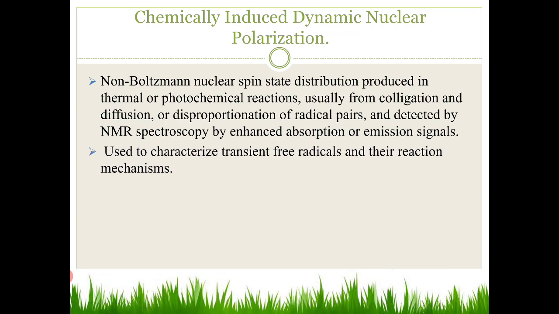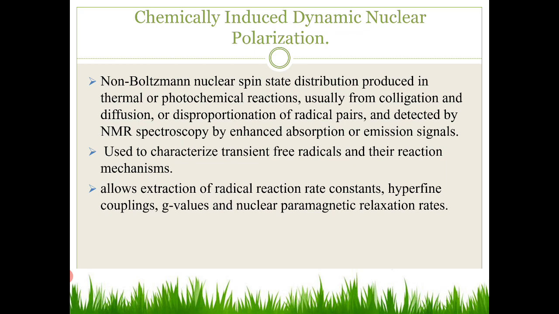So it is used to characterize transient free radicals and their reaction mechanism. It allows the extraction of radical reaction rate constant, hyperfine coupling, G values, and nuclear paramagnetic relaxation rates. The reaction rates where the free radicals are involved, you can understand.